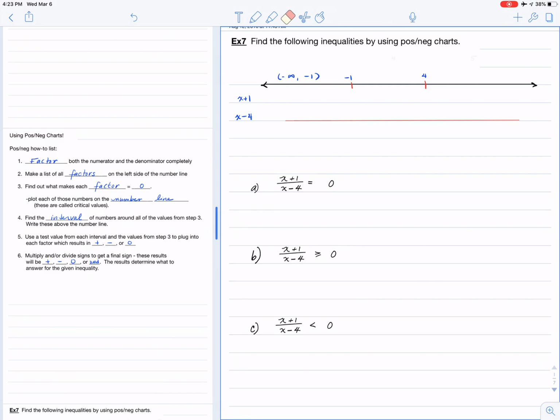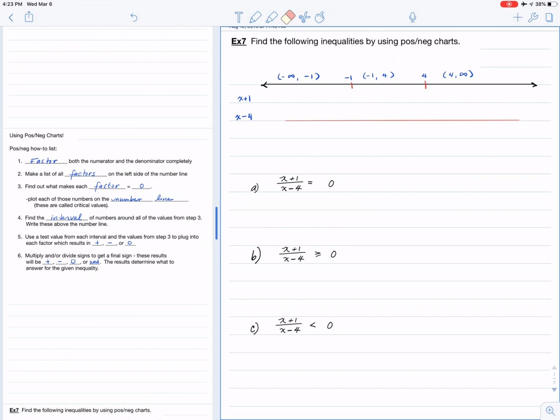And then I have an interval of values between my two critical values, and that's going to be from negative 1 to positive 4. And that represents all of the values between those two. And then thirdly, I have all of the values that start right after 4 and go all the way to positive infinity. And those values are going to be from 4 to infinity.